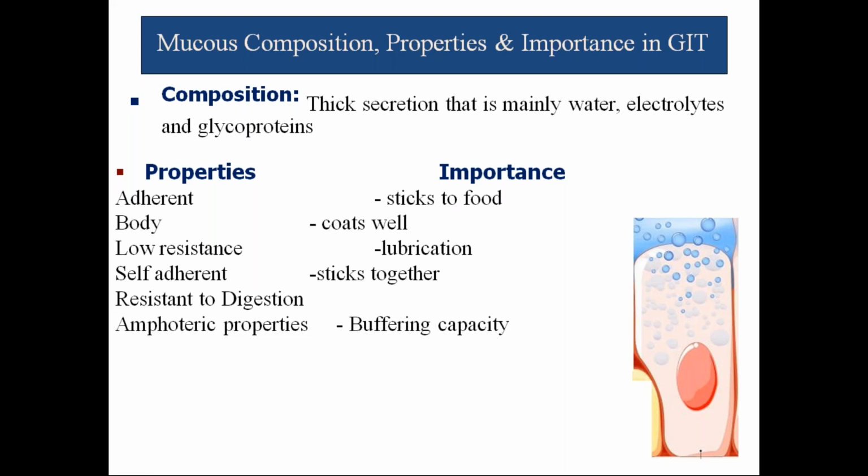It is resistant to digestion by the gastrointestinal enzymes. So again, it is offering protection to the GIT, and it has buffering capacity because of its amphoteric properties. Depending upon which part of the GIT it is secreted in, it can neutralize the acid as well as alkali to a certain extent.